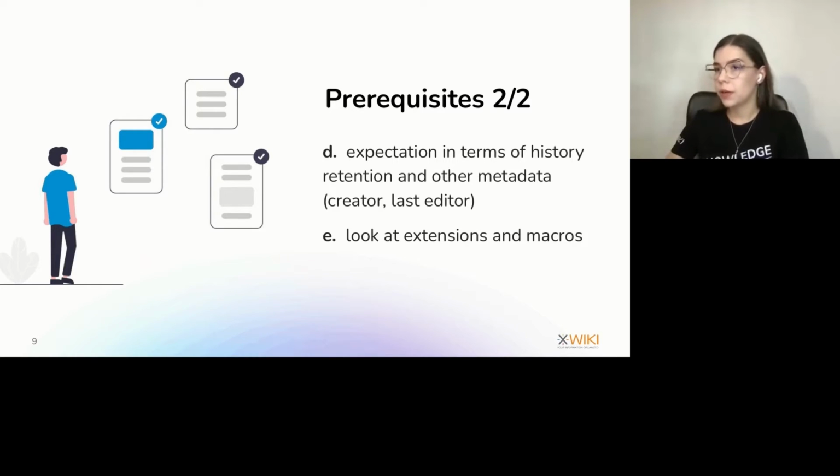In terms of macros, in our documentation on the store, in the Pro macros, we have a list with the macros that you will find in Confluence that are currently supported in XWiki. That means we have a list of macros that when imported into XWiki will display the same and will have the same functionality.